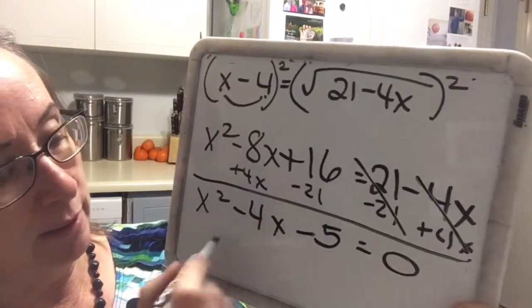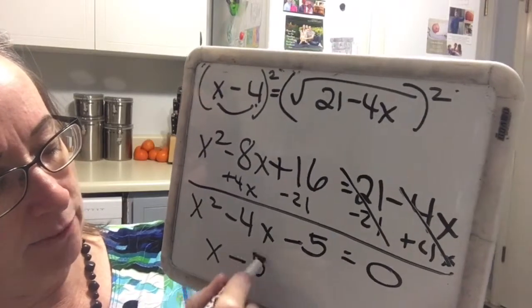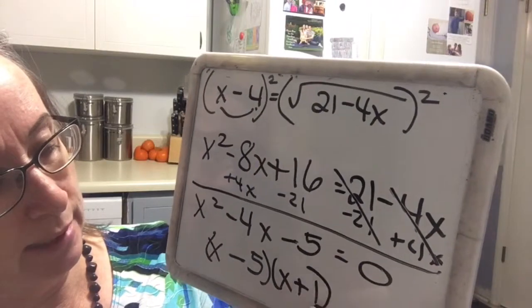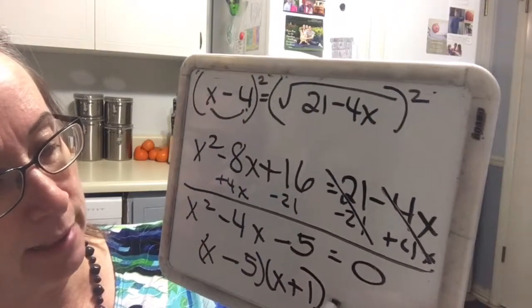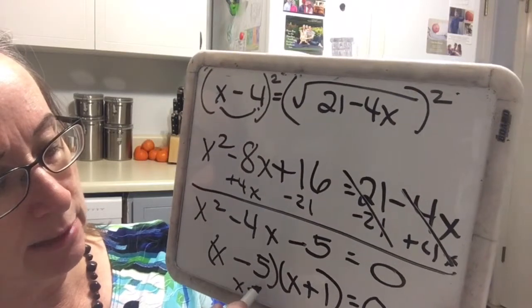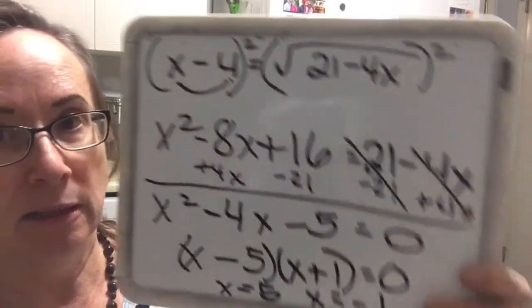Okay, well, I know that this factors: x minus 5, x plus 1 gives me my negative 4x in the middle, is 0. So I end up with x is 5 and x is negative 1.